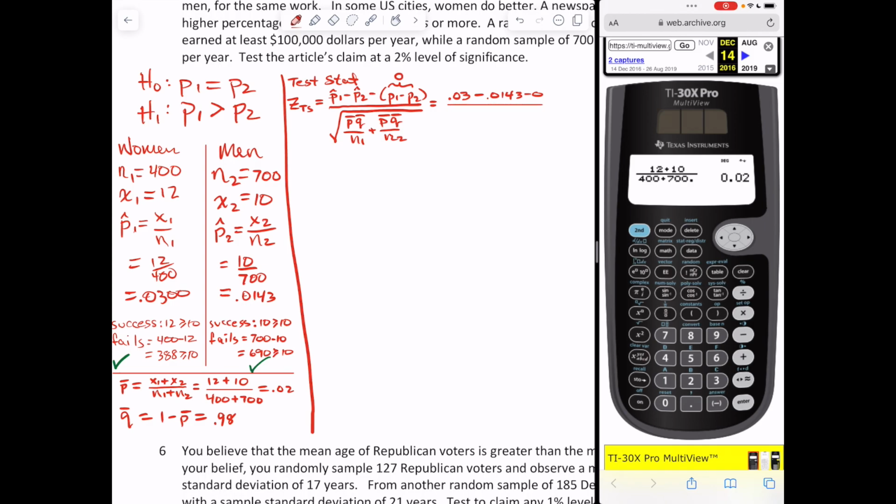And then over the nasty square root here, okay, so it's P bar Q bar, so 0.02 times 0.98, and then we just divide by the sample sizes. So first sample size is 400, and then same numerator, so 0.02 times 0.98 over 700.